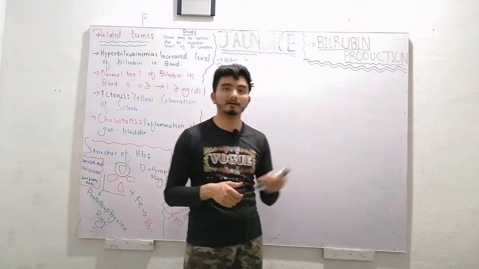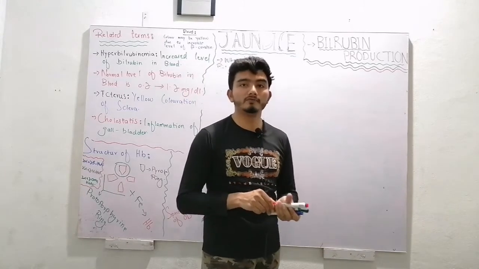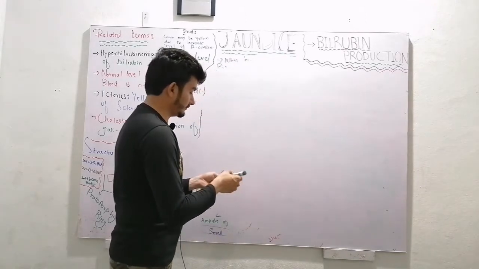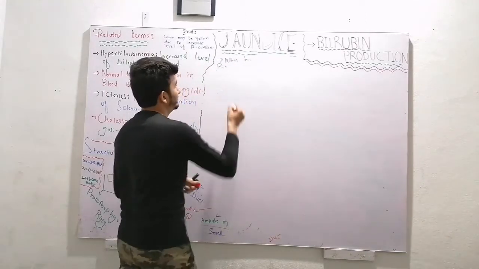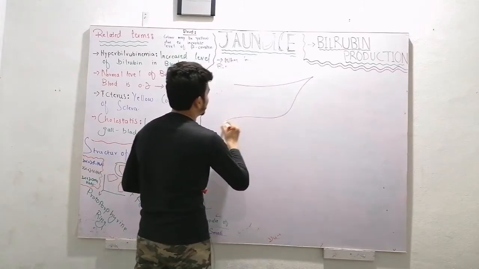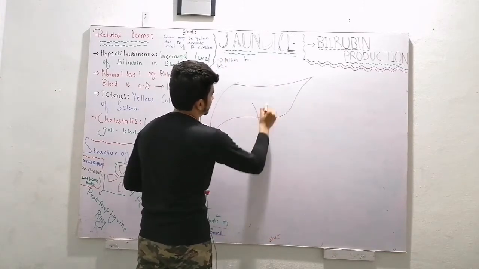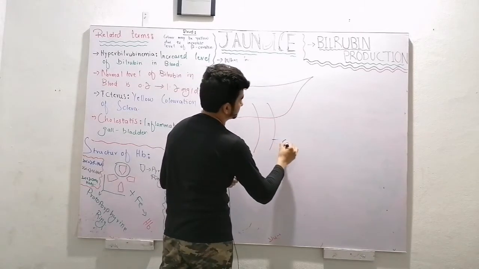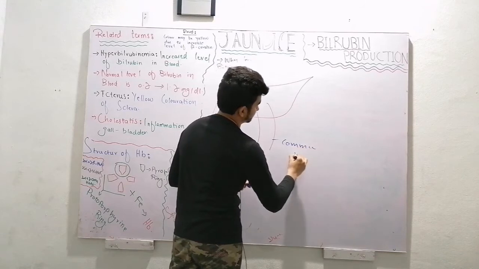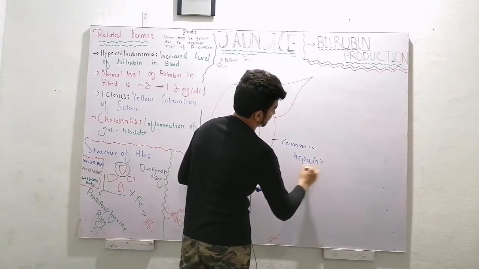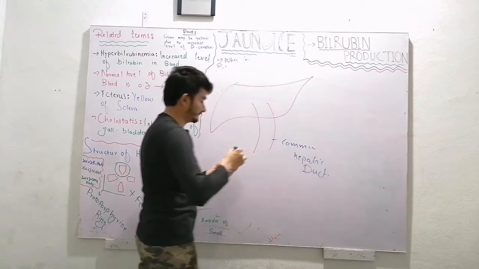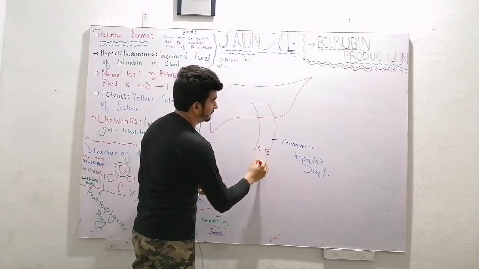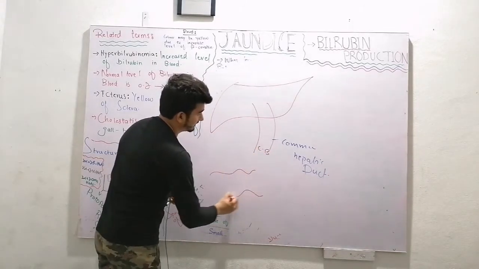So through the common bile duct, the conjugated bilirubin will enter the small intestine. If this is the liver, then through this duct the conjugated bilirubin will move towards the small intestine.